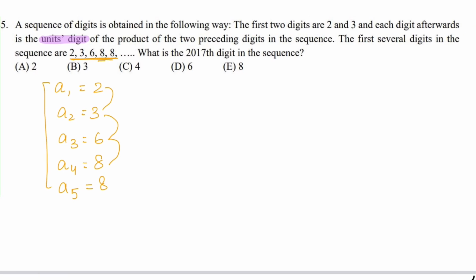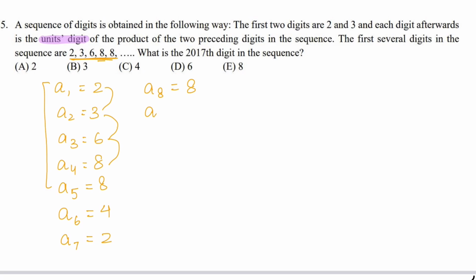Let's figure out term 6, which is going to be 8 times 8, which is 64, unit digit 4, so I'll just write down 4. A7 is going to be 8 times 4, which is 32, so I'm only going to take my unit digit 2.